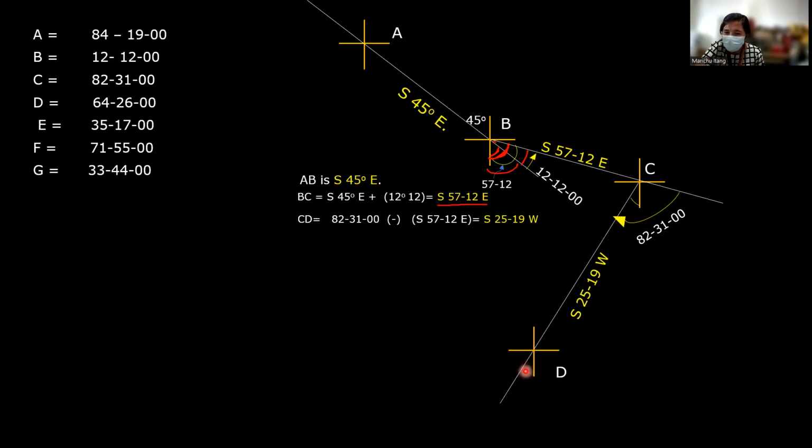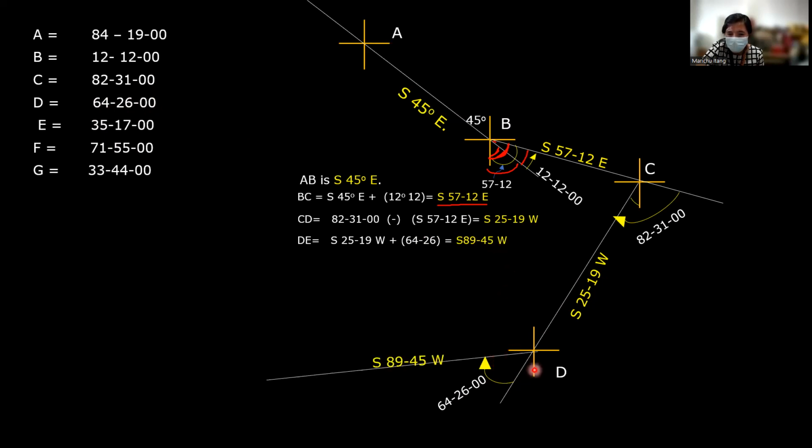So if this is 25 degrees 19 minutes, and then from here, we measure deflection angle equivalent to 64. So from here is 25, 25 plus 19, hindi siya aabot ng 90. So hanggang dito lang siya na quadrant. So we have 25 here plus 64, 26. Therefore, that is also equal to 89 degrees and 45 minutes west.